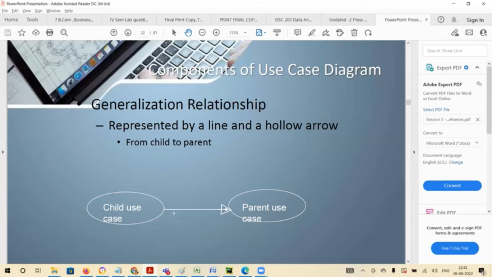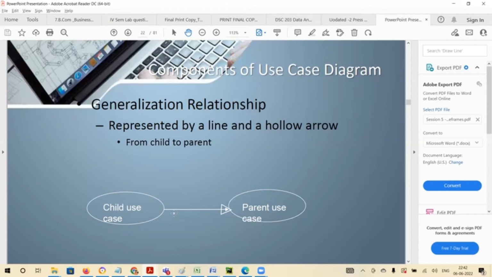We can say that withdraw cash itself will have the balance check, but it has its own advantages when you put things separately, right? You put things separately, it can be called by other use cases also. Let's say if another use case also needs to check the balance, and you develop it as part of the first use case only, then the other use case will also have to write the same logic.